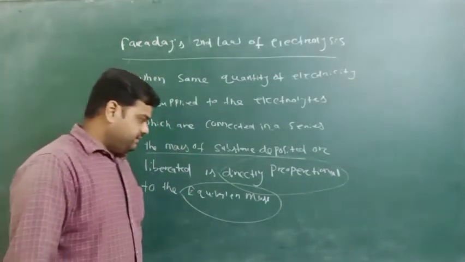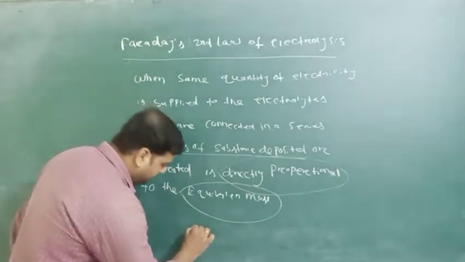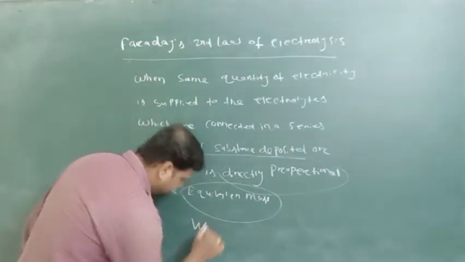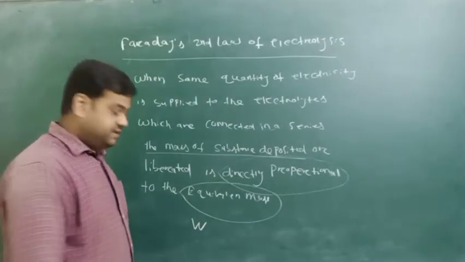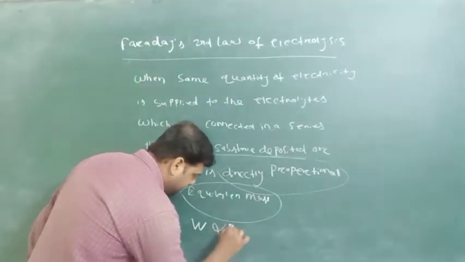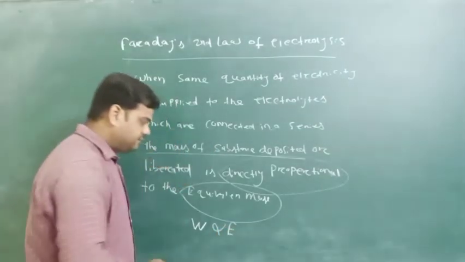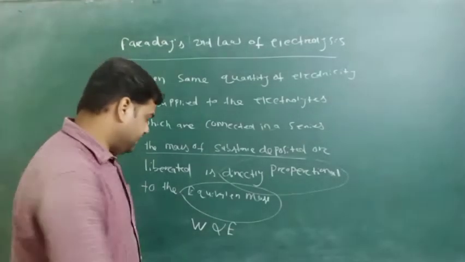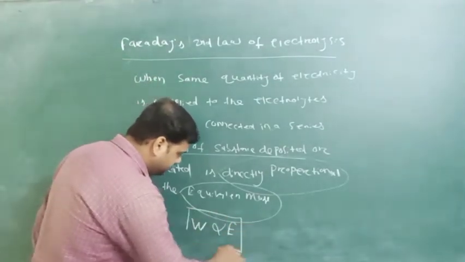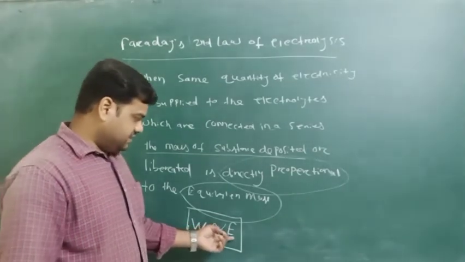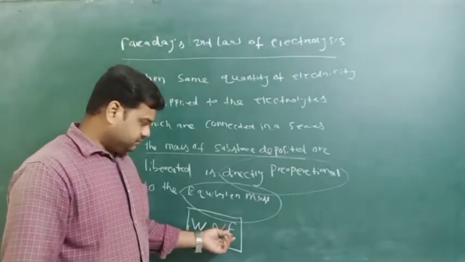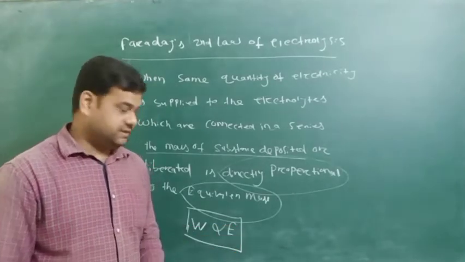Very easily, the mass of substance we can write as W, which is directly proportional to E. E means the equivalent mass, or the chemical equivalent. W is the mass of substance and E is the equivalent mass.